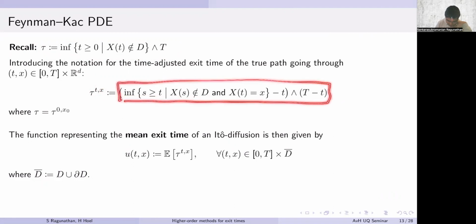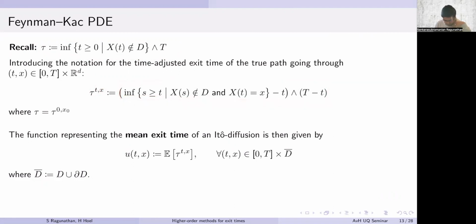So if you were to start at the final time t, you basically end up with the exit time being 0. And if you start at any position which is on the boundary, you also end up with the exit time being 0. And it is important to note that we are actually interested in looking at this quantity here, basically, where the initial time is 0, and we start at the position x0, which is the initial position.